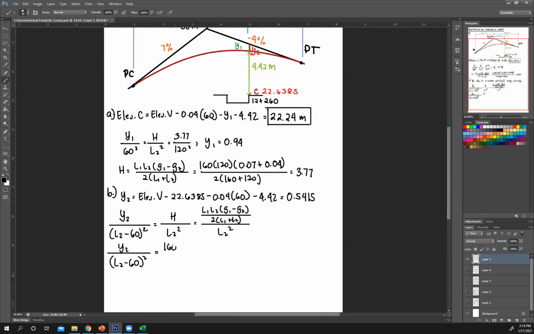So 160 times L2 times 0.07 plus 0.04 all over twice L2 squared. Twice L2 squared. So times L1, 160 plus L2. So there. And Y2 is 0.5415.